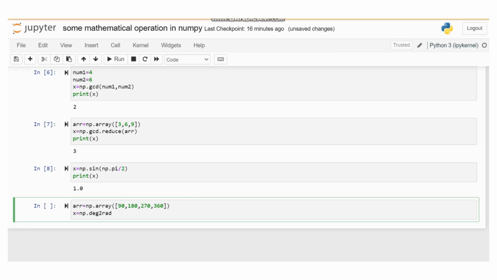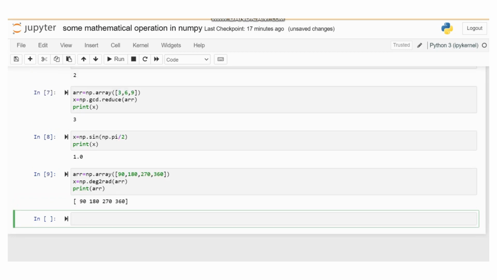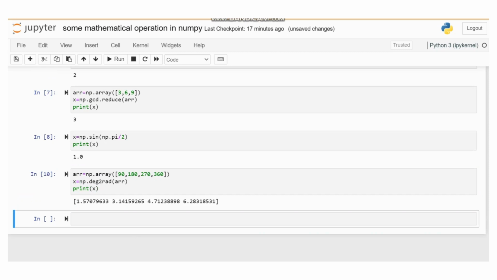In NumPy, the deg2rad function returns the degree elements as radians for the given array. Print x.